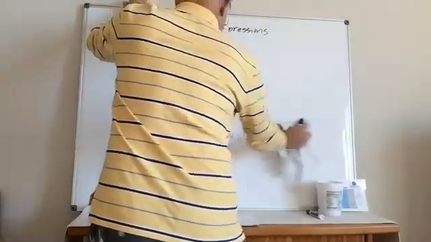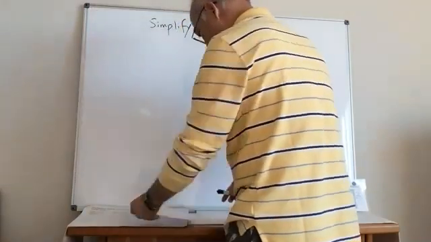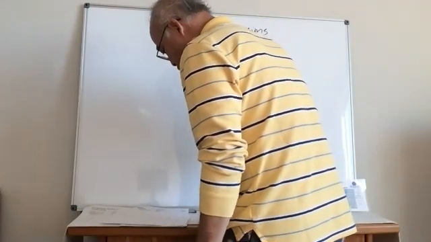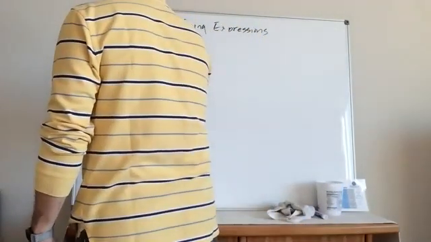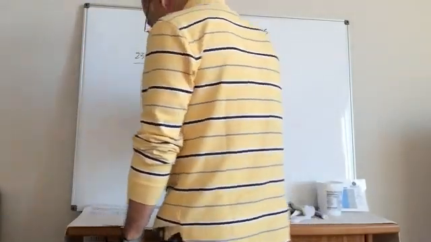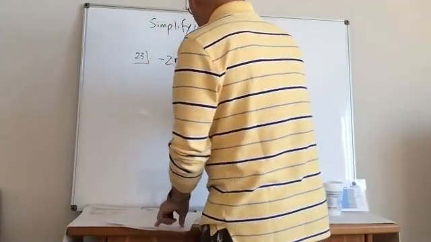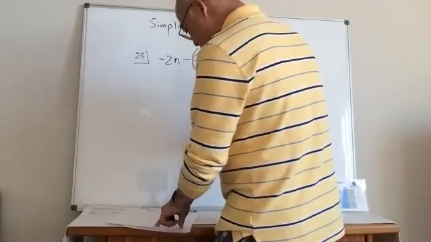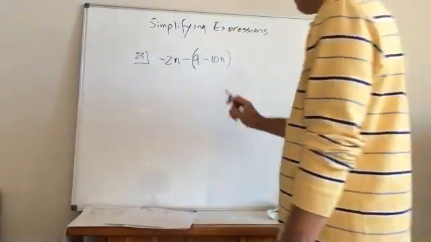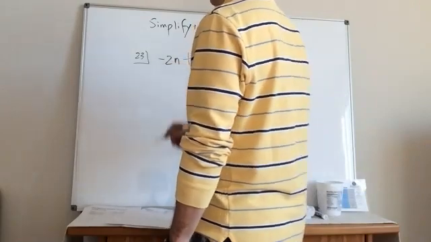No questions? Okay, let's do one last one together. Let's do 23. I have negative 2n minus 9 minus 10n. Okay? So I have a minus here, but what am I missing? There's actually a minus 1 here, correct?